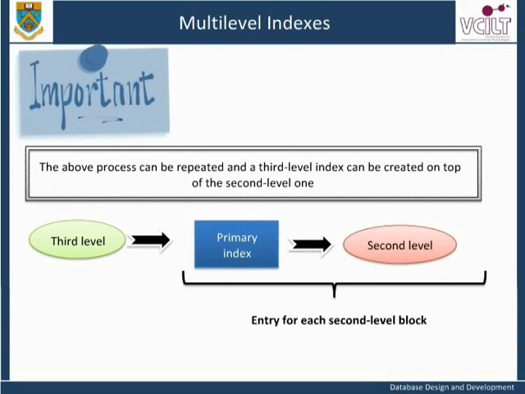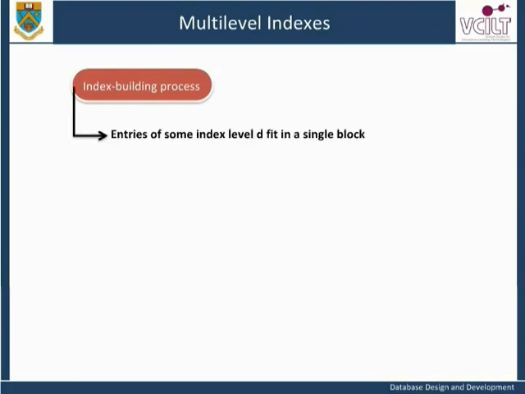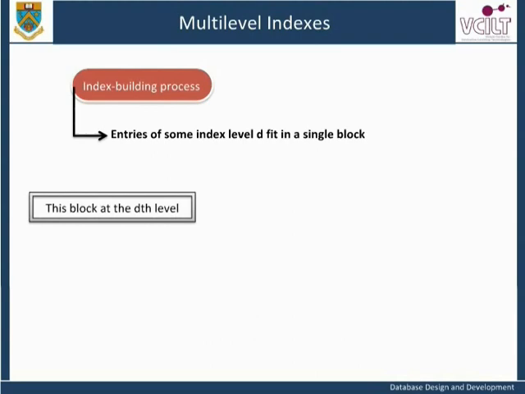Important note: we require a second level only if the first level needs more than one block of disk storage, and similarly, we require a third level only if the second level needs more than one block. We can continue the index building process until all the entries of some index level d fit in a single block. This block at the d-th level is called the top index level.